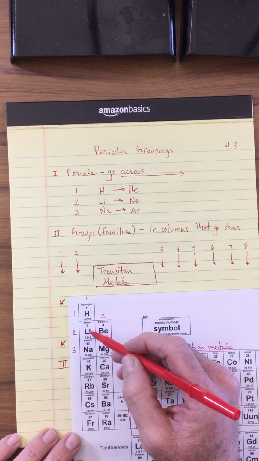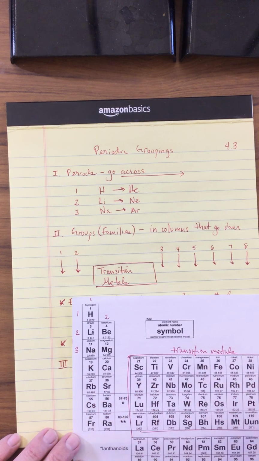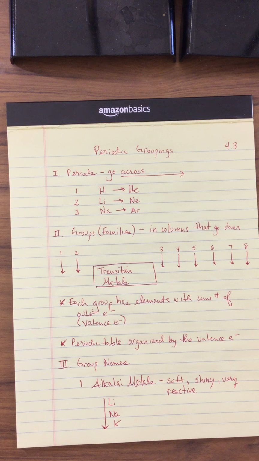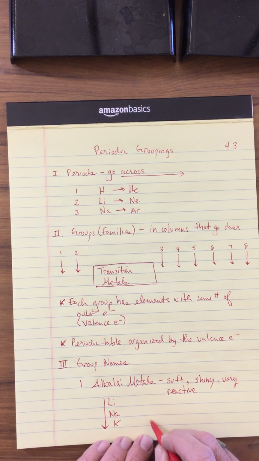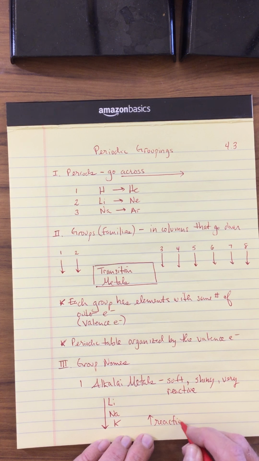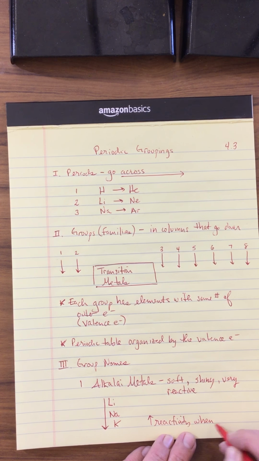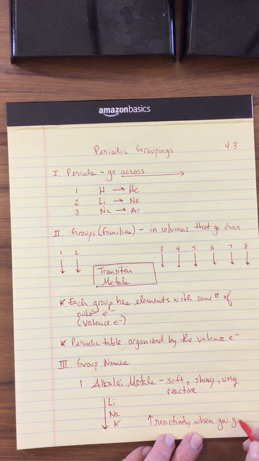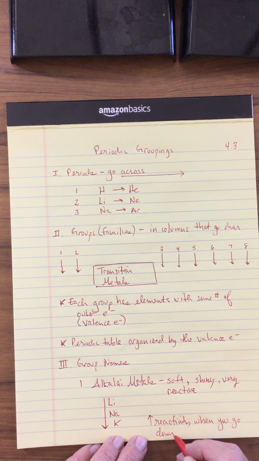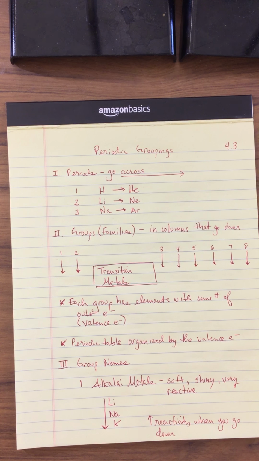So your alkali metals actually start with lithium and go down the chart like this. What's interesting is that as you go down the chart, you increase in the reactivity when you go down the periodic table in that group.